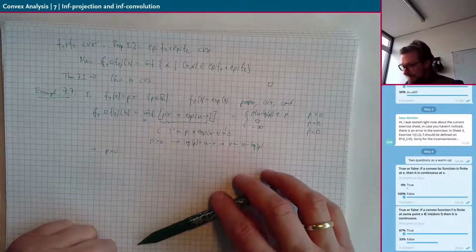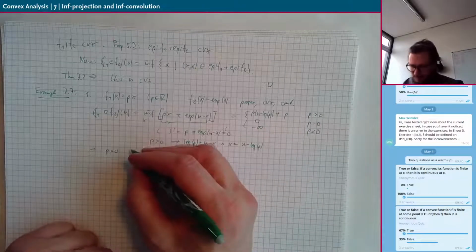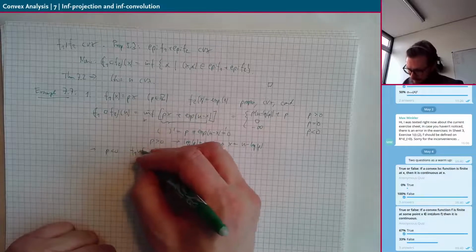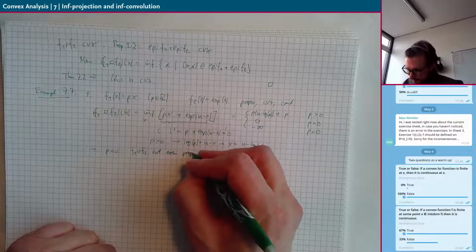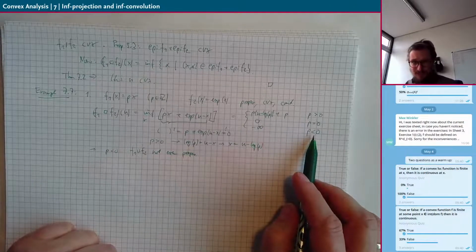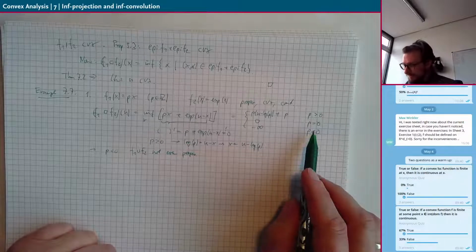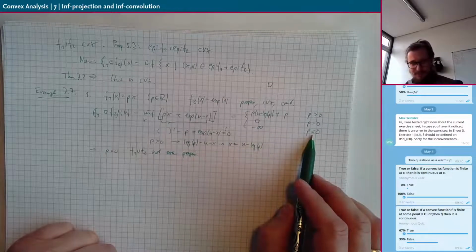If it's tilted like that, then it's a nice linear function again. So in this case, the inf-convolution is not even proper. So there has to be something more. But also in this case, the infimum is not assumed, right? That's the big difference. Also in this case, the infimum is not assumed, but here it's still nice, but here it's getting something ugly.